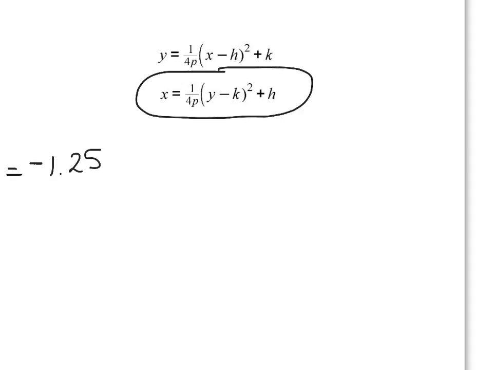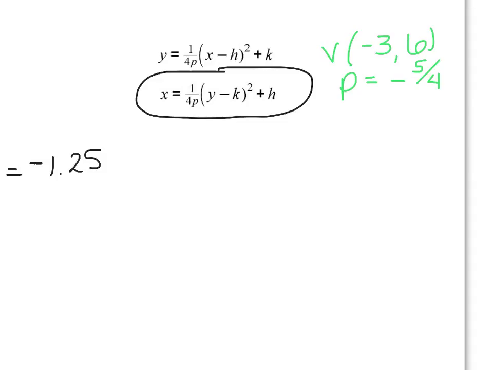So let's go ahead and substitute in. Let me write down my vertex before I forget. The vertex on this problem was at negative 3, comma 6. And our p-value was a negative 1.25. I'm going to change that to a fraction just so it makes my math a little bit easier when I substitute in.